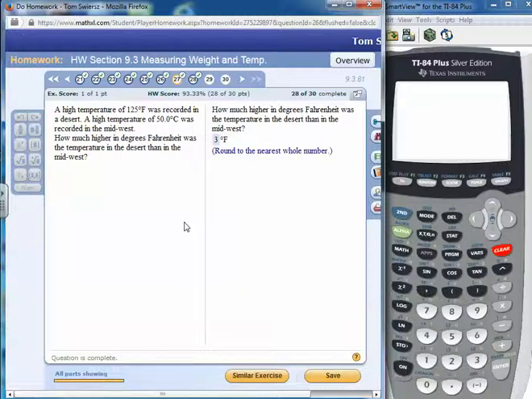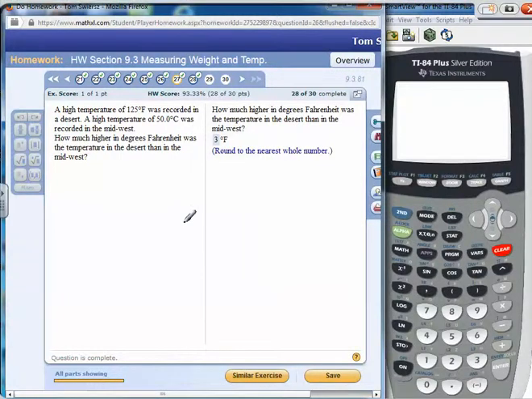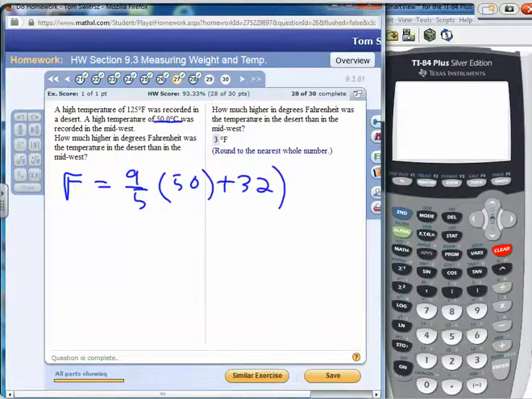So what we're going to do is take the temperature in the Midwest, 50, and convert it into Fahrenheit. Again, Fahrenheit is 9/5 times the Celsius, which is given to be 50, plus 32. So we can do that on our calculator to calculate the temperature in Fahrenheit for the Midwest.